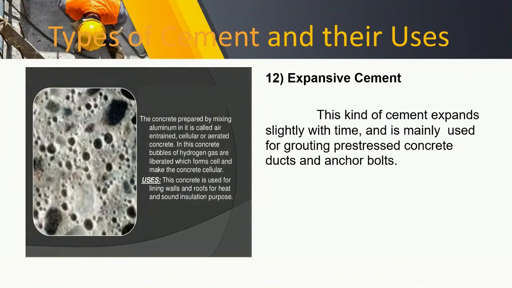So, this concrete is used for lining walls and roofs for heat and sound insulation purpose. Number 12. Expansive cement. This cement expands slightly with time and is mainly used for grouting prestressed concrete ducts and anchor bolts.